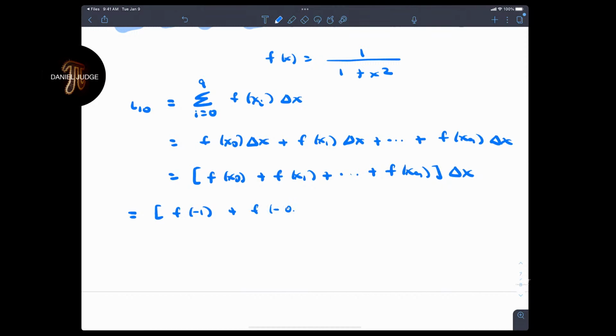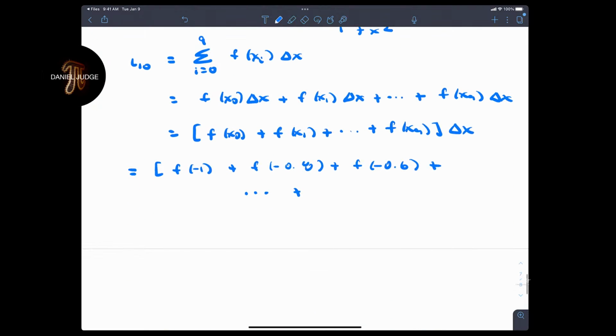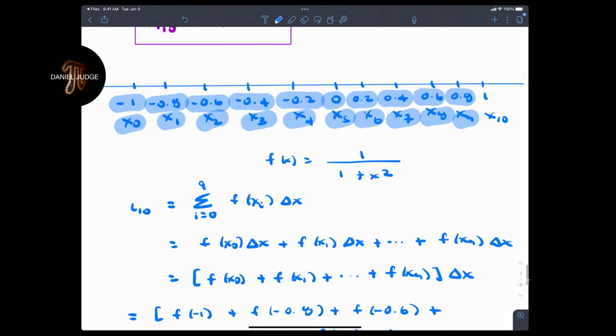The second endpoint was -0.8, and so on. -0.6. All the way up to 0.6 and then 0.8. And that delta x at the very end is 0.2.